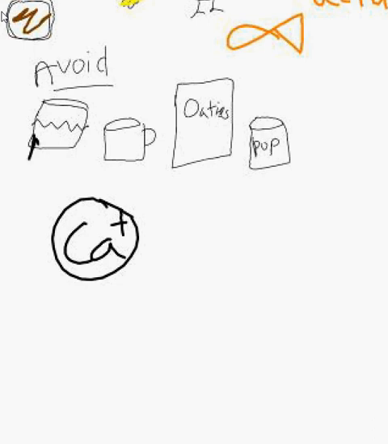So milk, and also caffeine inhibits absorption, so coffees and teas. Fiber can inhibit absorption, so certain cereals, and any carbonated beverage can also inhibit iron absorption.